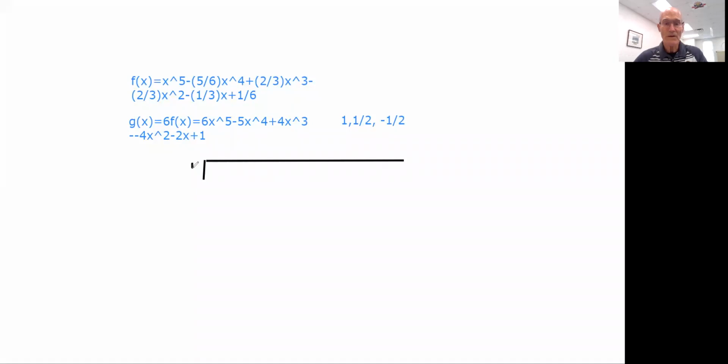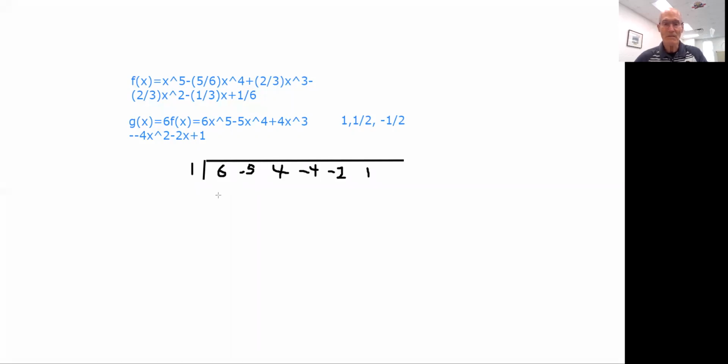I'm going to put a 1 here, and then we put the coefficients: the 6, minus 5, the plus 4, the minus 4, the minus 2, and the plus 1. Okay?